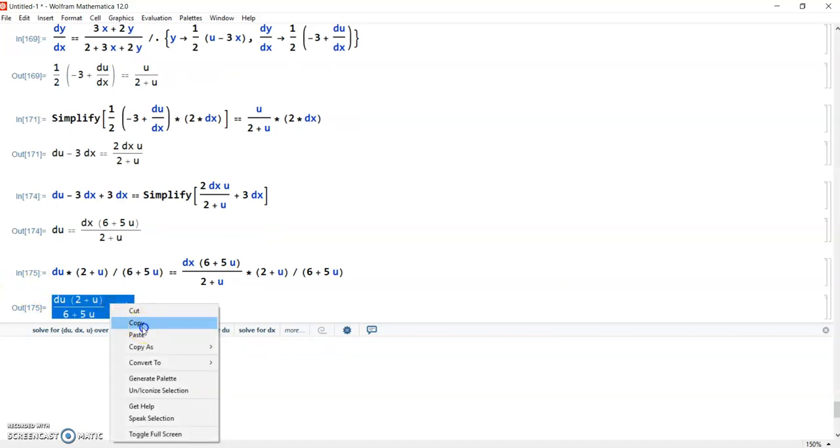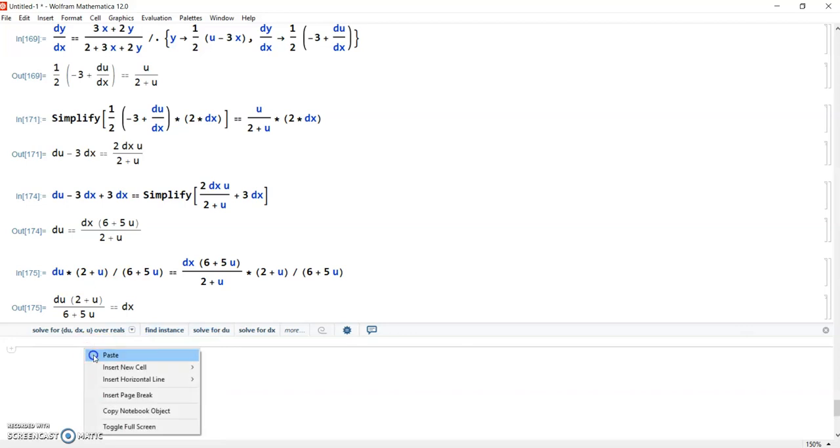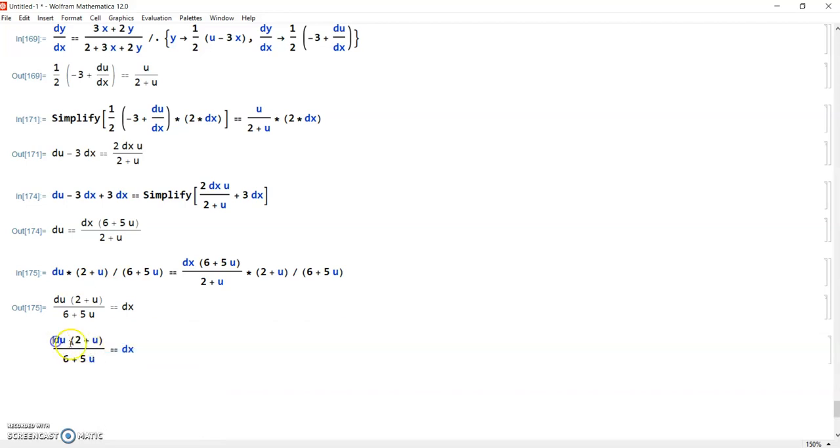So now what I can do is take the integration of both sides by removing du and dx. So in place of dx we will put 1 comma x, and then integrate this one.